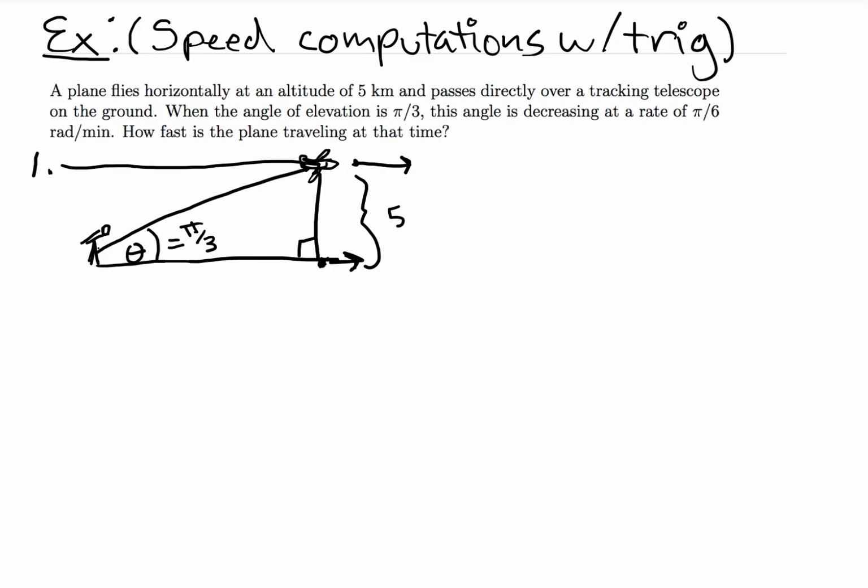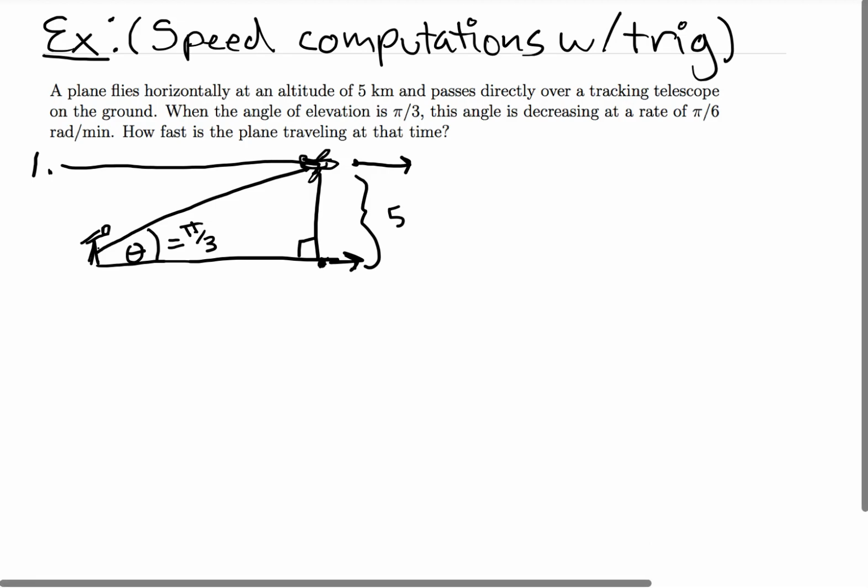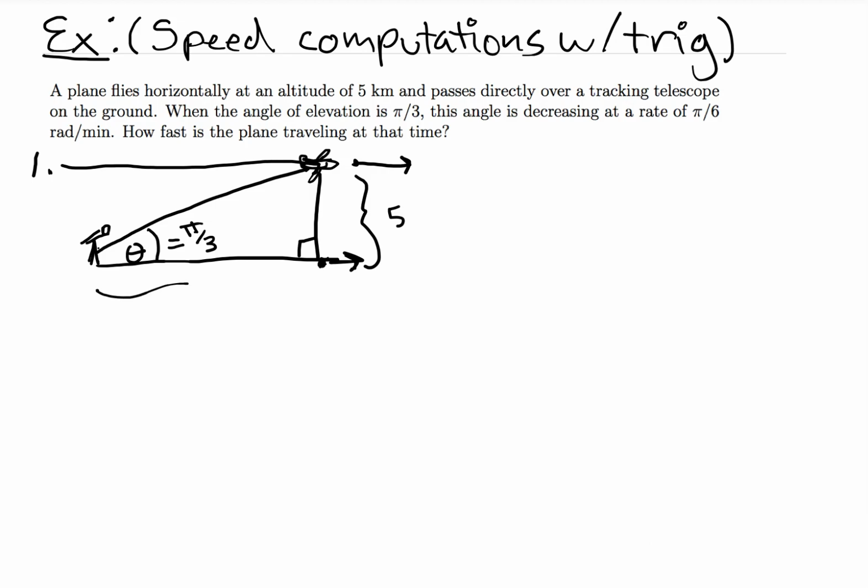We're basically worried about the rate at which this bottom side length grows, because the rate of growth of that bottom side length tells you about the forward motion of this plane. So let's keep in mind the quantities we've got: the height of this triangle, the base of this triangle, and an angle on the triangle.